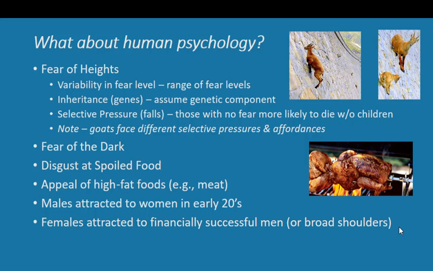So that makes sense that there were some selective pressures that cause males to be attracted to the markers of fertility, so to speak. So not too young so that they weren't fertile, and not too old so that their years of fertility were too curtailed. It can make sense how human psychology would have shaped that. Evolution would have shaped that.